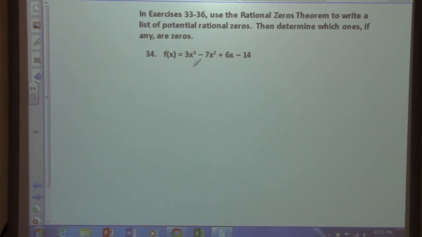Okay, so plus or minus the factors of the last term divided by the factors of the coefficient of the first term. These are the two numbers you're going to be concerned with in determining your rational roots. Does that help a little bit? No. Okay, so work on it. I'll go over it in a minute.